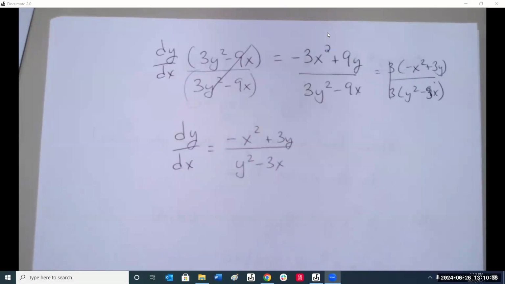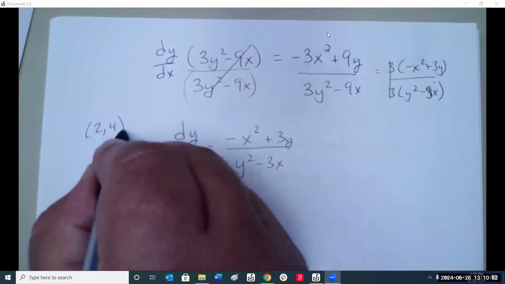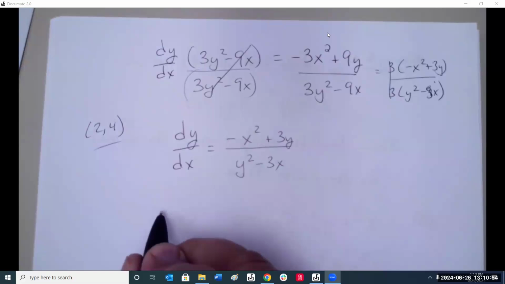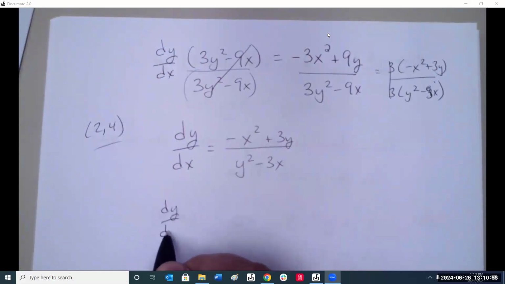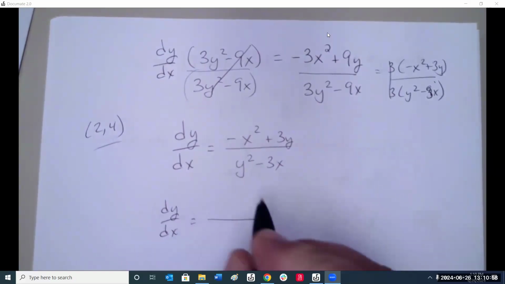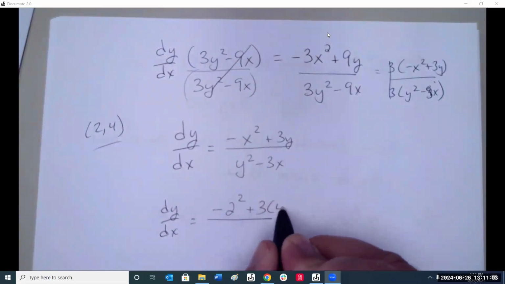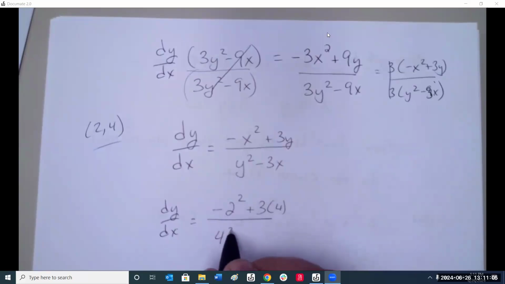So what's our slope? Nope. That doesn't tell me a slope. It tells me an equation of a slope. Plug in the 2, 4 in there. So our slope of our line is negative 2 squared plus 3 times 4, over 4 squared minus 3 times 2.